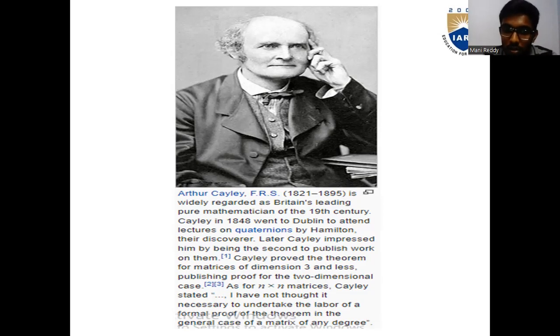Caley proved the theorem for matrices of dimension 3 and less, publishing a proof of the two-dimensional case. As for the n by n matrix, Caley stated that I have not thought it necessary to undertake the labor of a formal proof of the theorem in the general case of matrix of any degree.